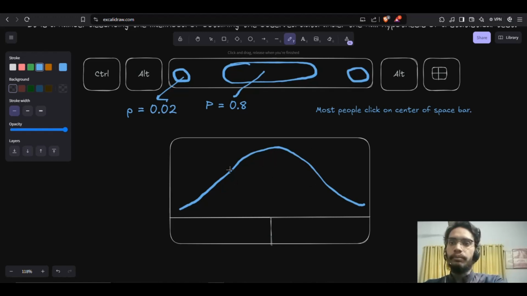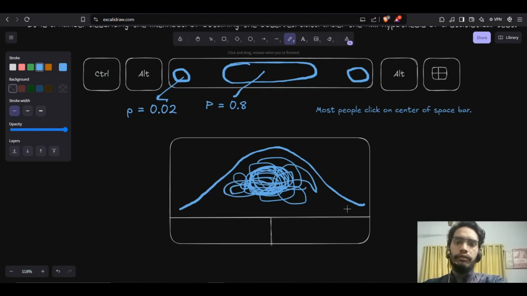There is a bell shape here and a smaller value at the sides because most of the time people are clicking on this area of the mouse pad. Most of the people are moving their finger on this area, and very few times they move their fingers on this or this area, right? That's why the distribution is less in this region.